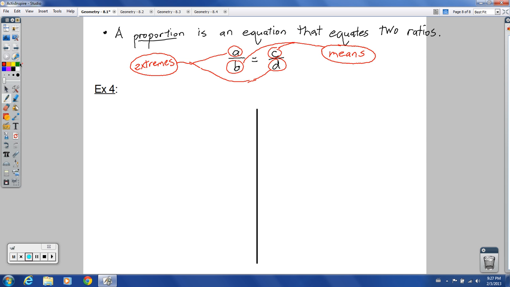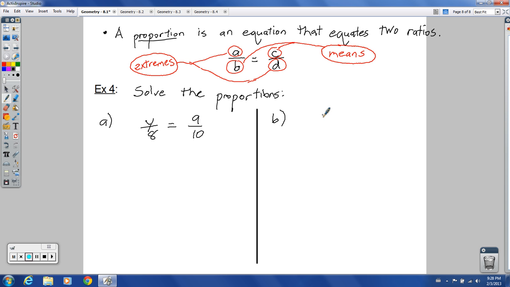And so let's check out a couple of final examples where we solve proportions. That is the instructions here: solve the proportions. There's going to be two parts to this. We're going to have part A here, part B here. And this should look very familiar from algebra. So let's see if we can do that.